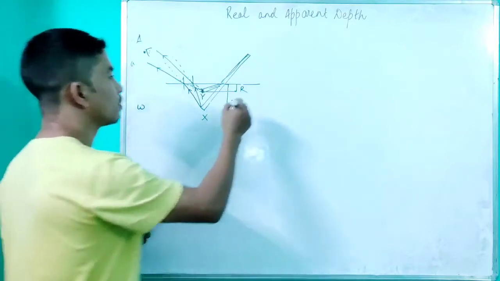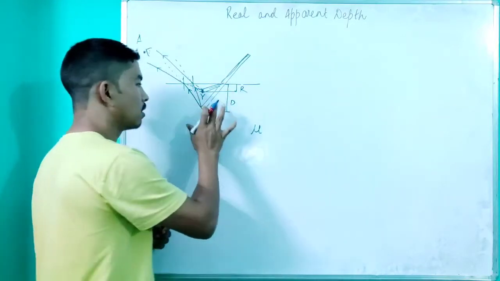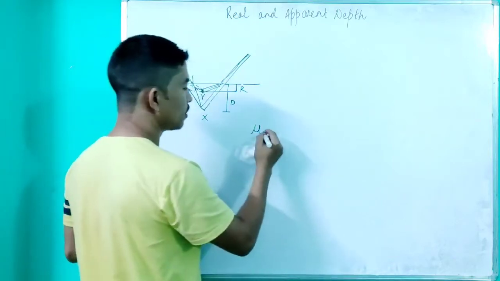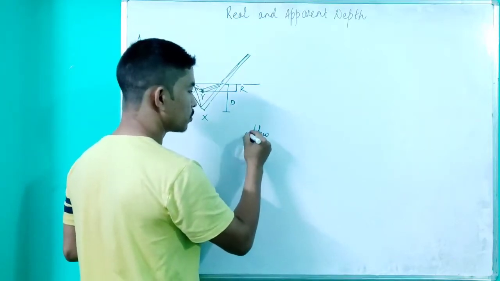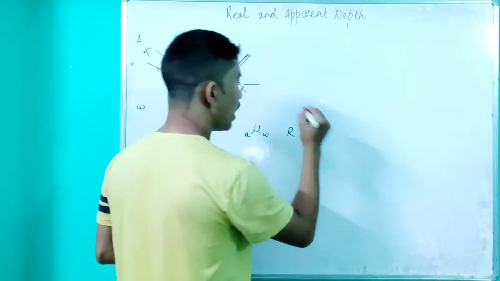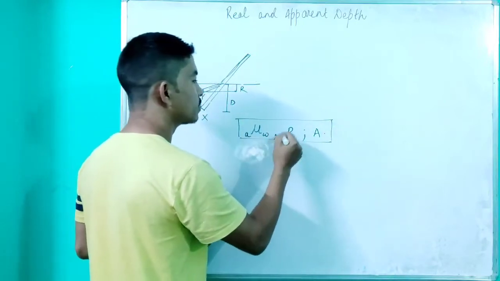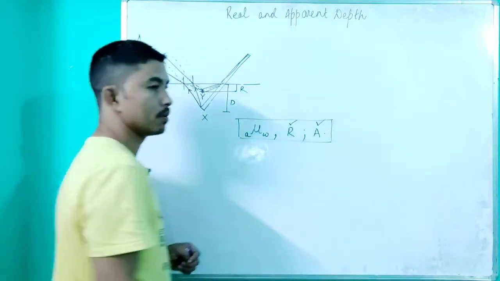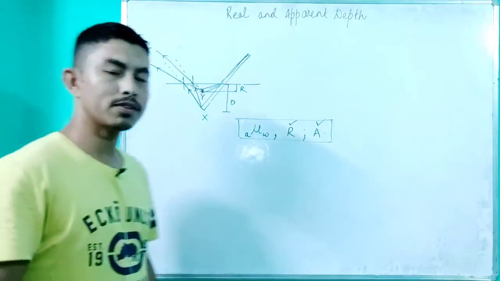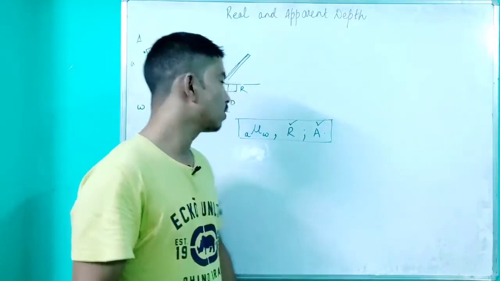Now consider the refractive index of water with respect to air, where r is the real depth and a is the apparent depth. There exists a relationship between the refractive index, the real depth and the apparent depth. The derivation is not included in the syllabus and you can directly remember it as a formula.